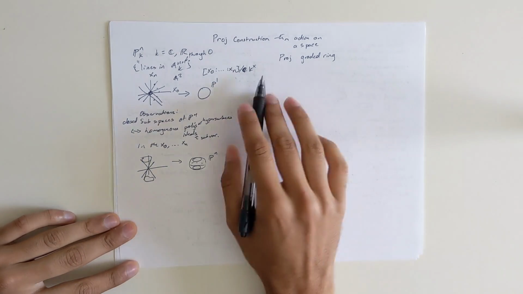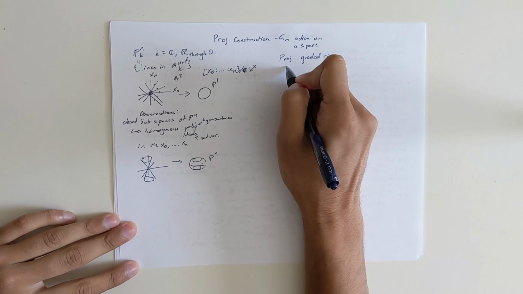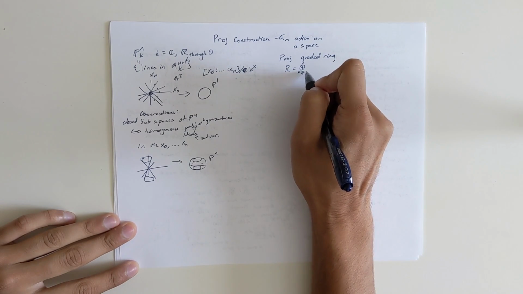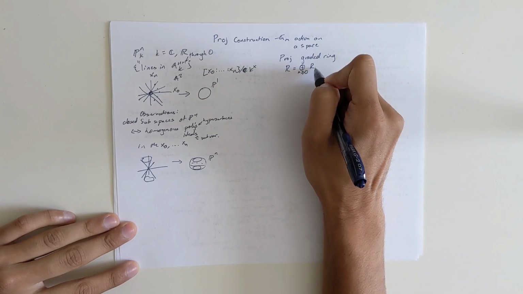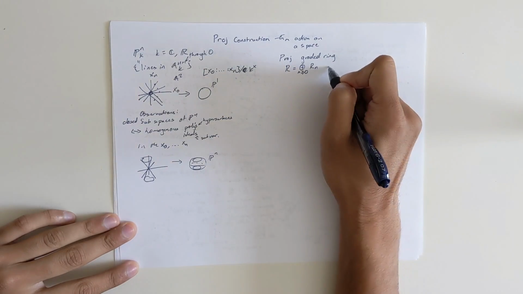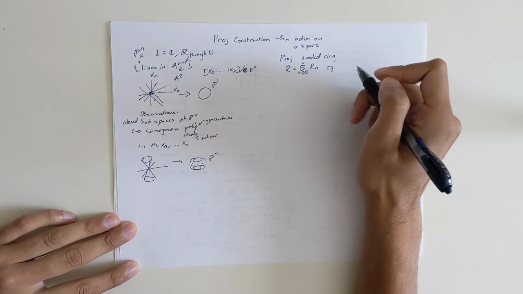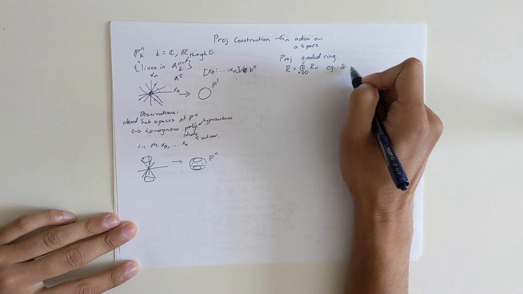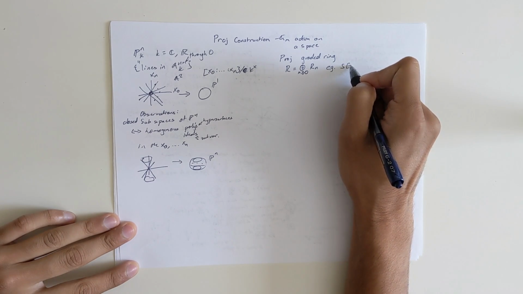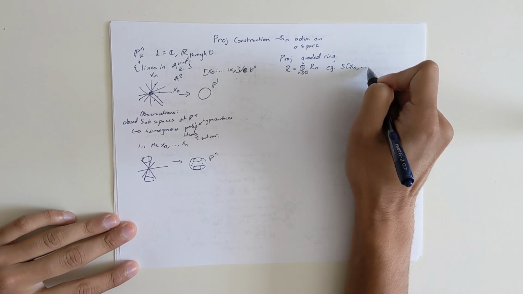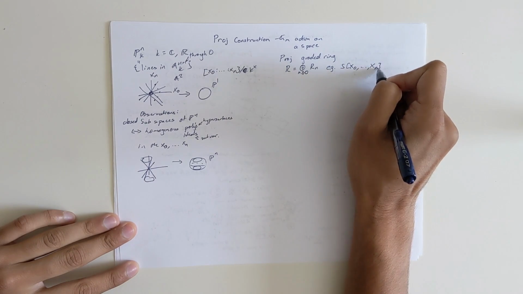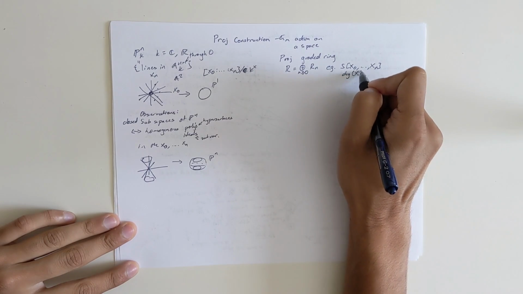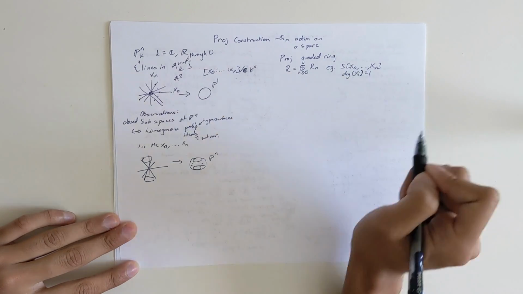And so the general Proj construction goes as follows. Let's say that you have a ring R, which is a graded ring, the sum over n greater than or equal to 0 of Rn. For example, if you have some ring S, then you can look at S adjoin x0 up to xn, where the degree of each xi is equal to 1.